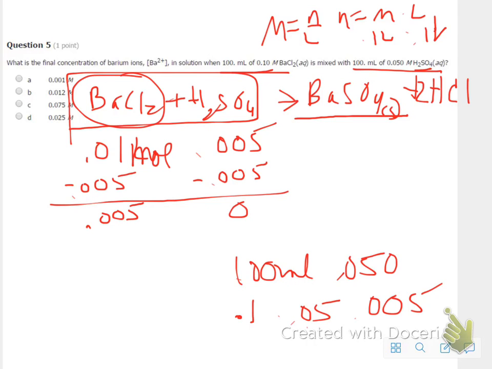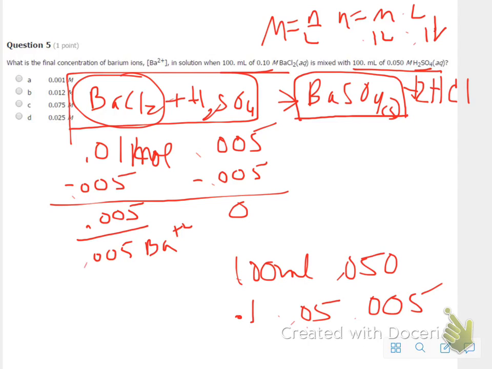Now I will get some barium sulfate, but like we said, it's all going to precipitate, so I'm not going to have any ions of barium in there. So I have 0.005 moles of barium chloride, which means I have 0.005 moles of barium, because there's 1 barium in each barium chloride.